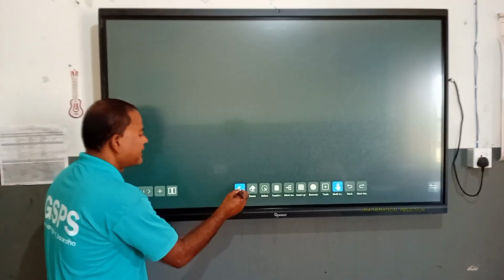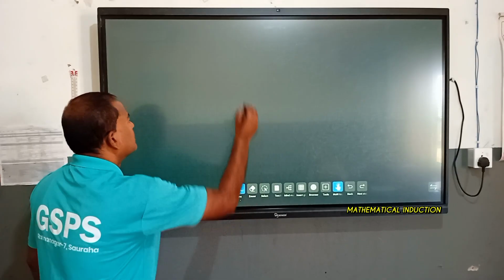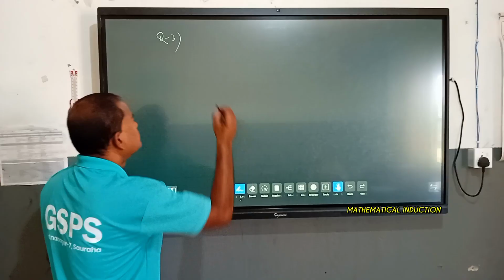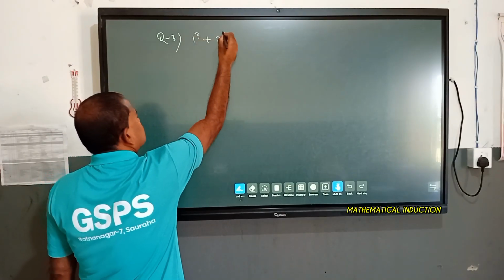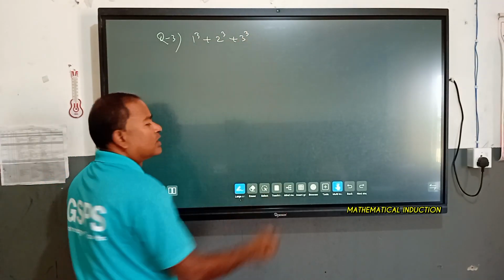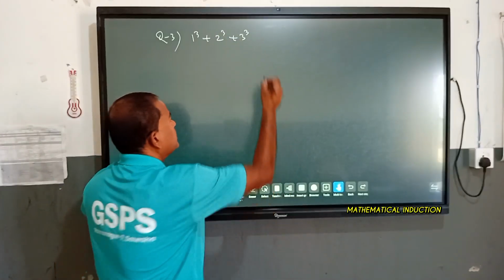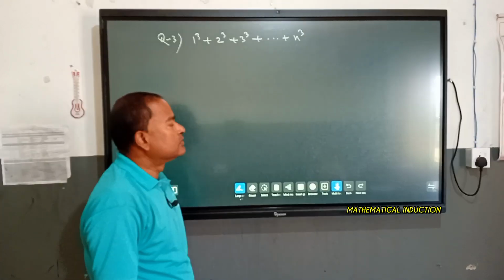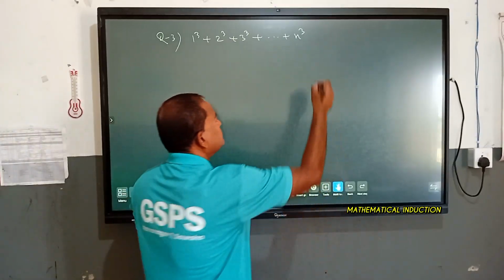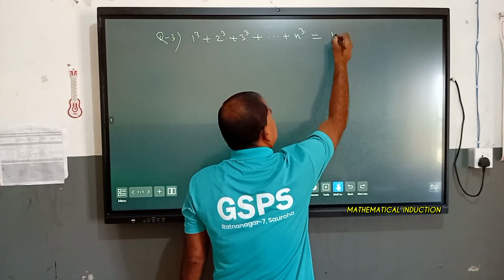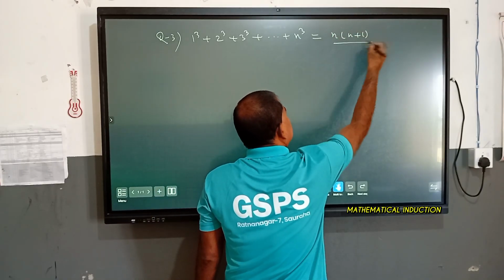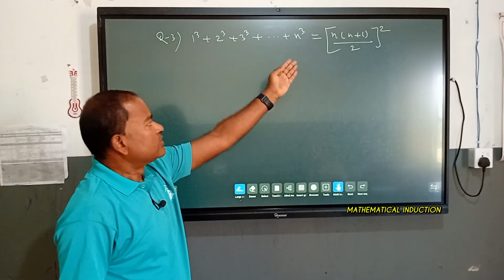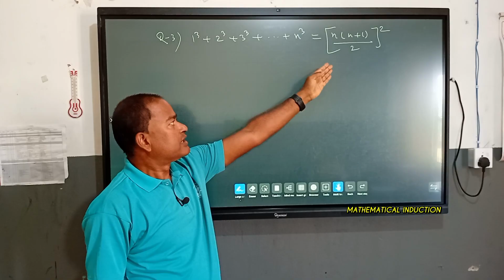Dear students, the question is: 1 cube plus 2 cube plus 3 cube plus ... plus n cube, where n is a natural number, is equal to n times n plus 1 divided by 2 whole square.